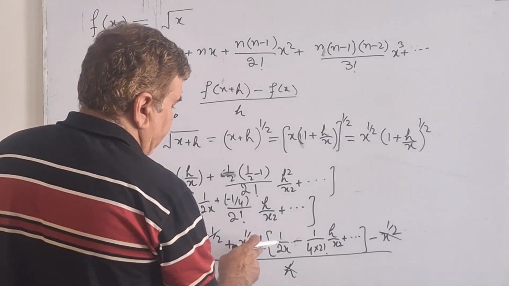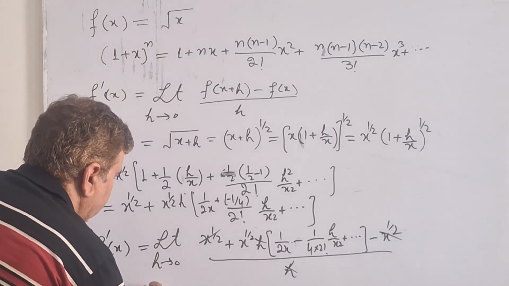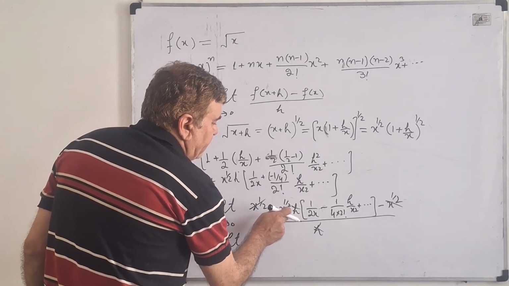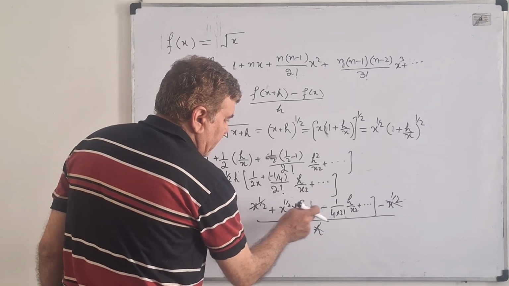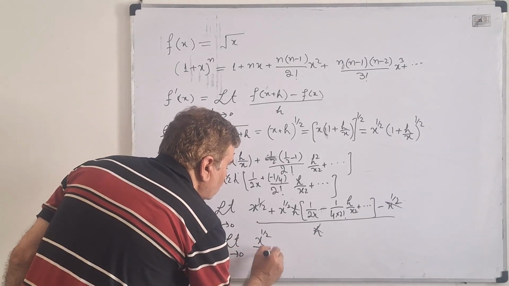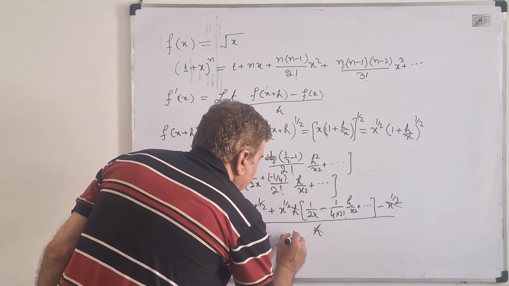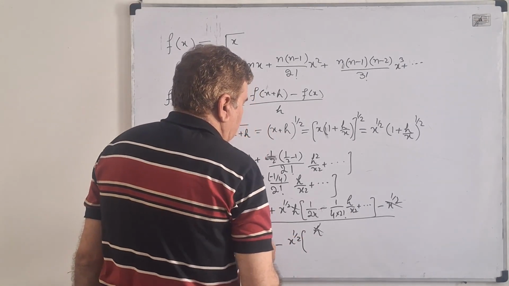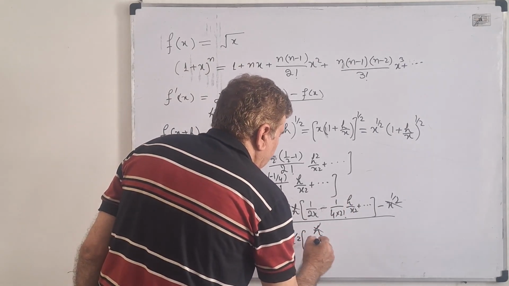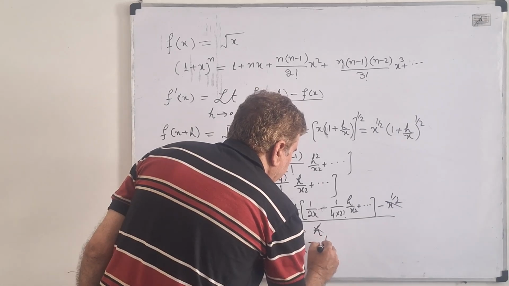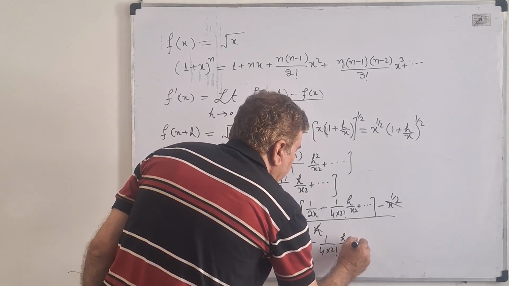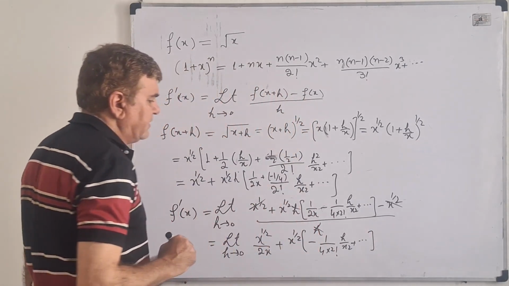I can now write this in the form limit h tends to 0, multiplying this with the first term: x power half divided by 2x, plus x power half times 1 divided by 4 into 2 factorial h divided by x squared, and so on. We have this relation.